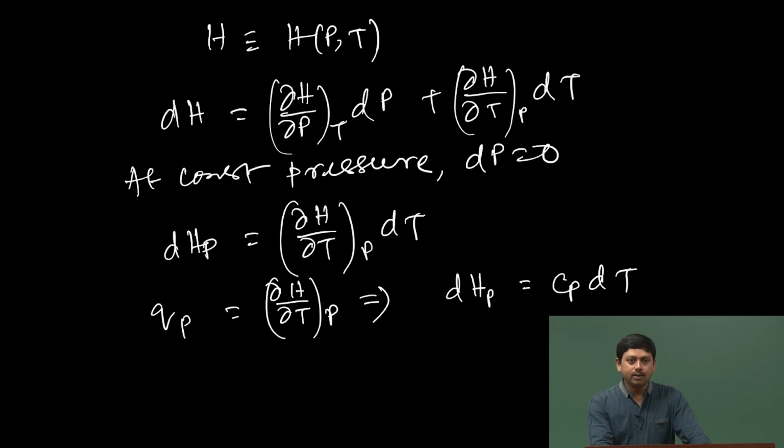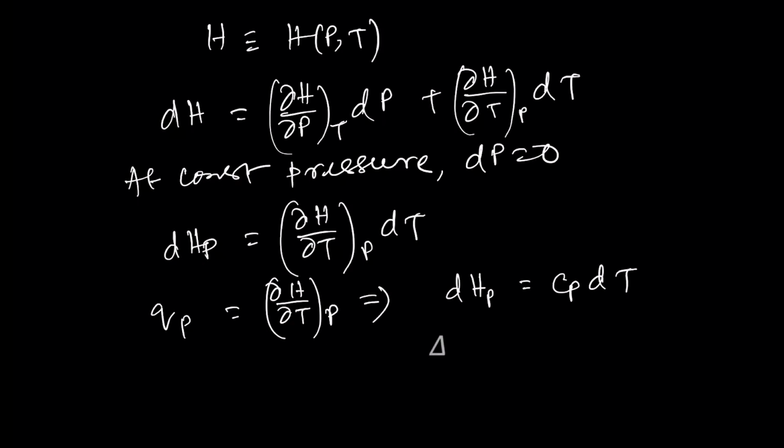So, if you have to calculate the change in enthalpy for a constant pressure process, we can calculate that, or we can also calculate the change in enthalpy by assuming Cp to be independent of temperature. We can express that change in the enthalpy as Cp (T2 minus T1).